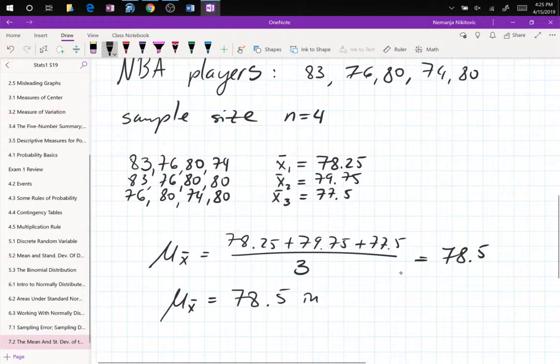Now, we have 5 players, so we add all of these heights, and when you divide by 5, you must get the same number.